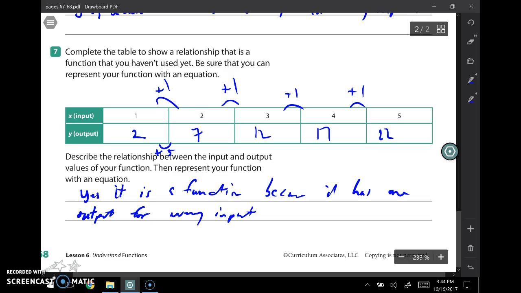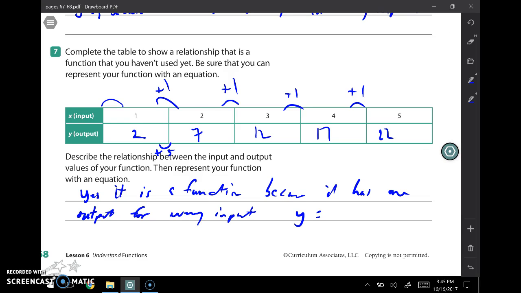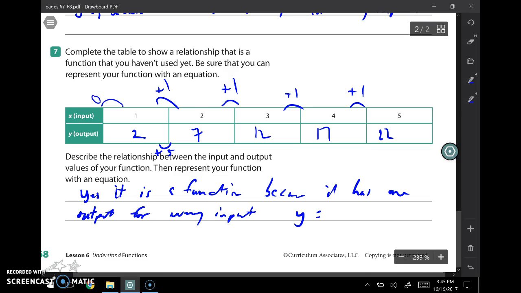The equation would be output is equal to, we have to go back to the initial value at input 0. So instead of adding 5, I'm going to move back to when it is at input of 0. We call that the initial value. 2 minus 5 is negative 3. Plus my rate of change each time is 5x, so y is equal to 5x minus 3. Yours may not match mine, but the idea is still the same.